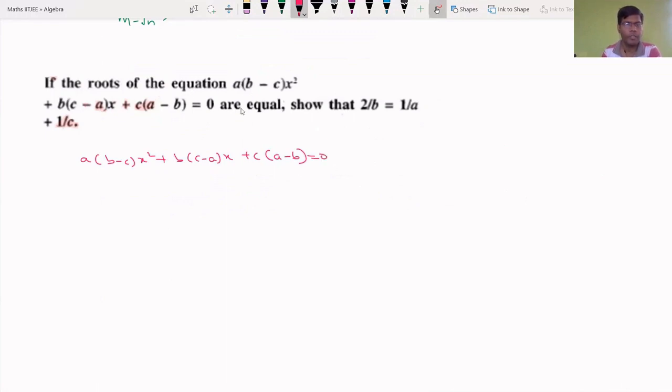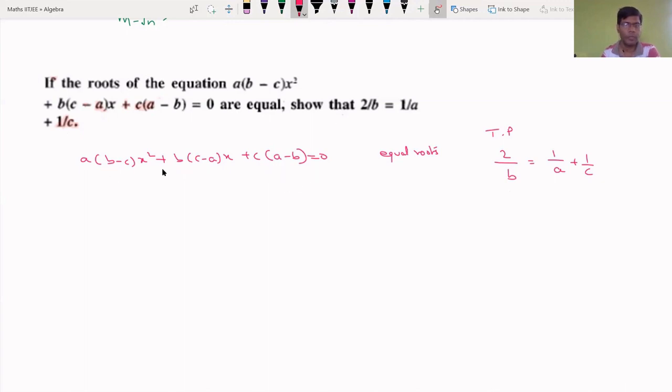If the roots of the equation are equal, show that 2 by b is equal to 1 by a plus 1 by c. This is what we have to prove. So it basically means that a, b, c are in HP. Anyway, when we discuss the series and progressions chapter, we'll discuss the harmonic progression in detail.